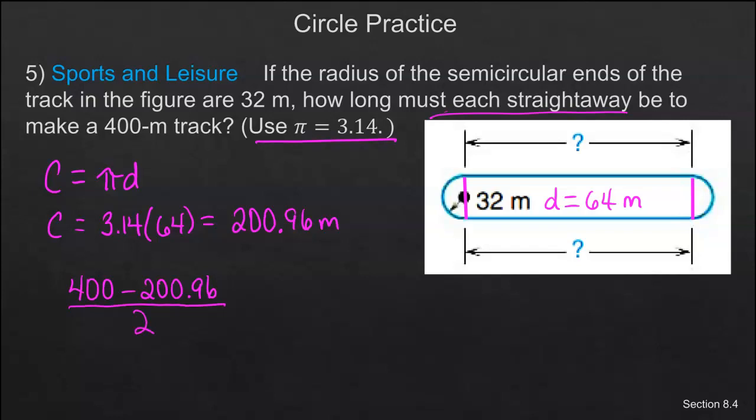And that ends up being 199.04, and divide that by 2, 99.52 meters. So each straightaway will be 99.52. And that is what we were looking for.